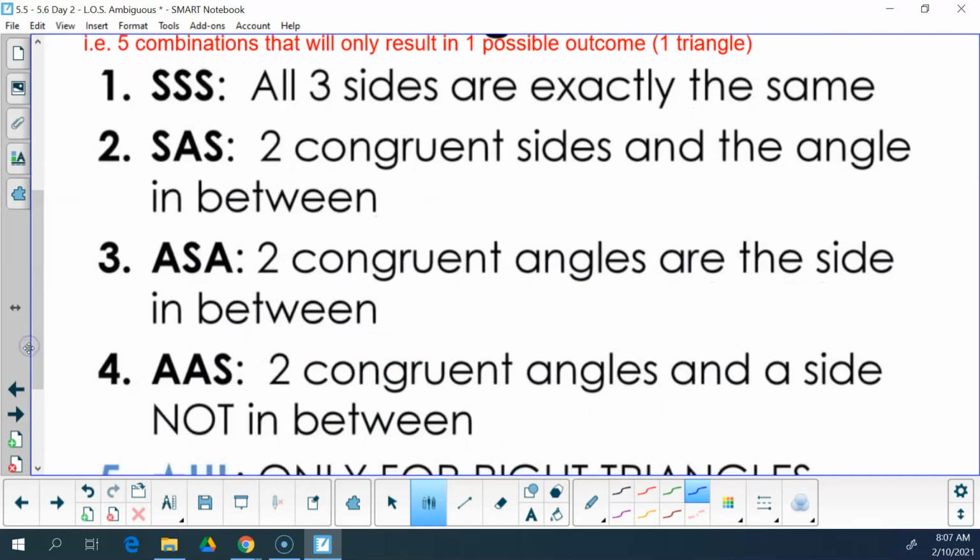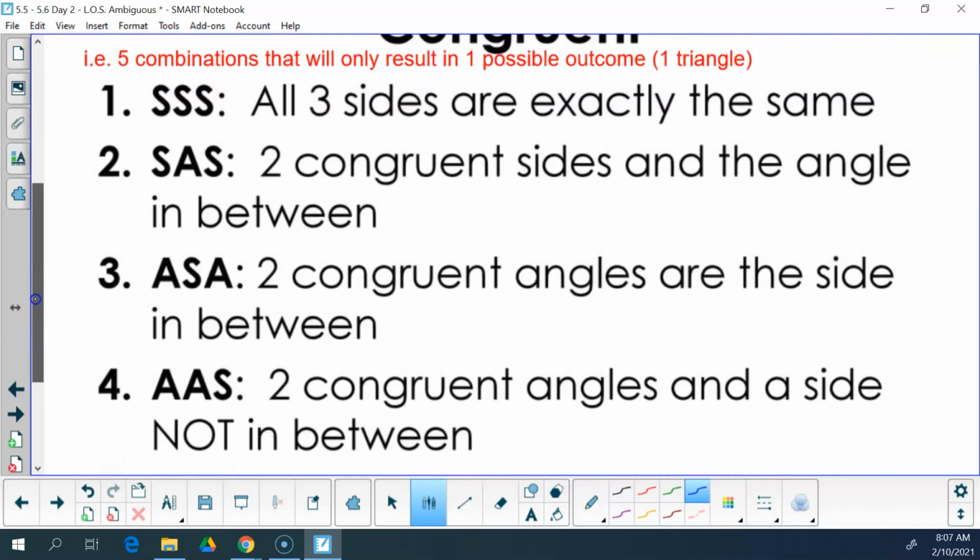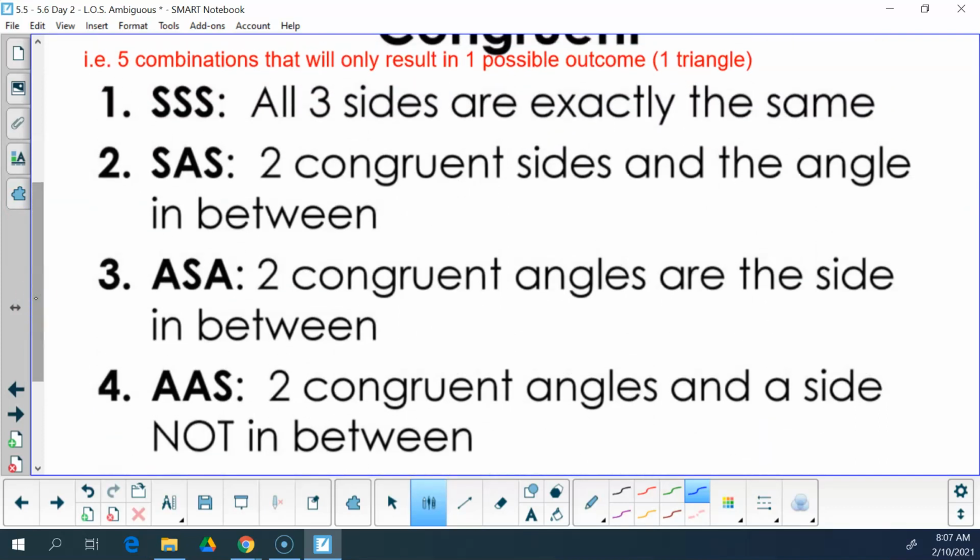So there's side, side, side, side angle side, which we got. Angle, side, angle, which we got. Angle, angle, side is another way of doing it. Okay? And then the last one really doesn't apply for us, but that's hypotenuse leg. Okay? And that only works in right triangles. So that's why we don't necessarily use that one. Okay? But so we got those four.